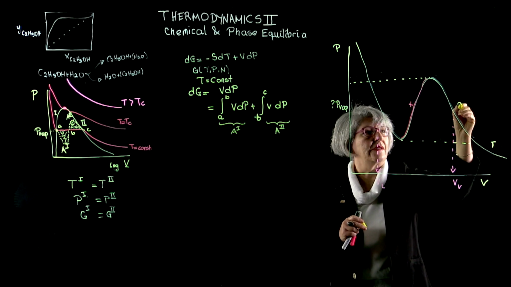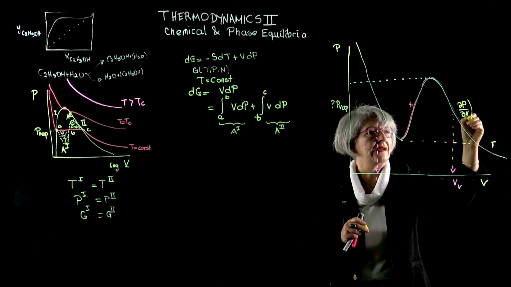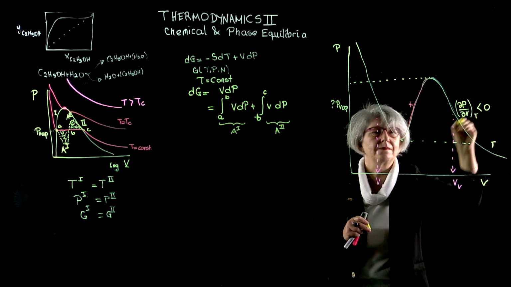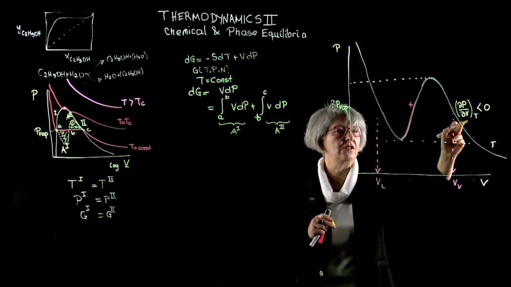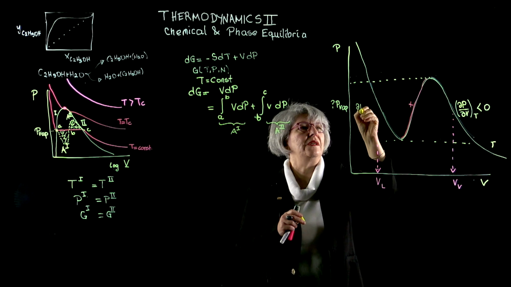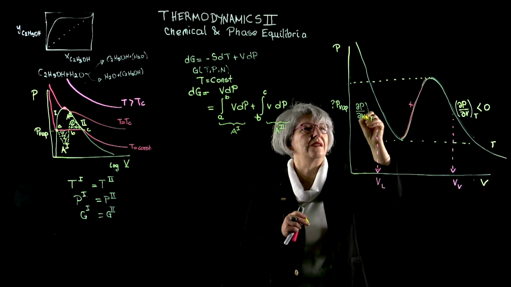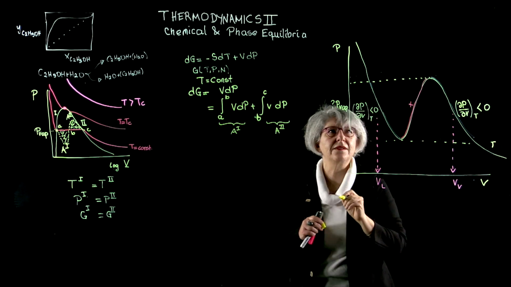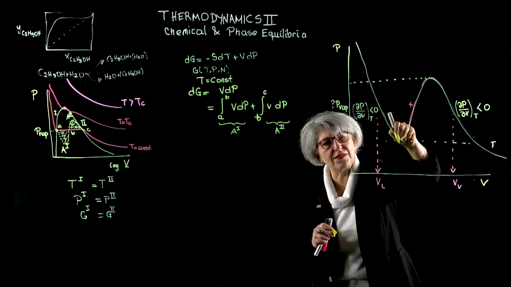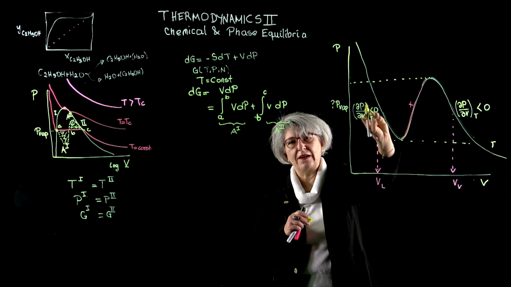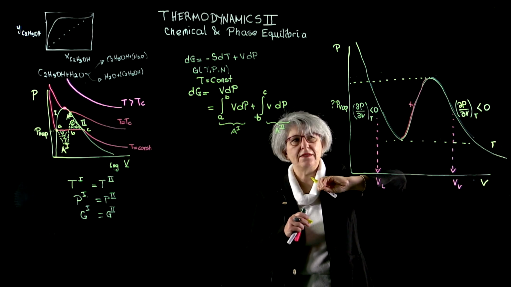Or del P over del V at constant T is negative. On this branch, del P over del V at constant T is negative. All right? So these branches are physically meaningful branches that are predicted by our equation of state.